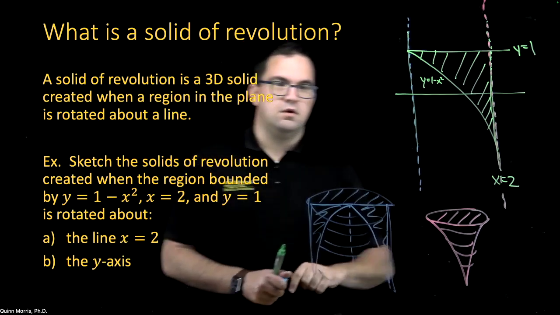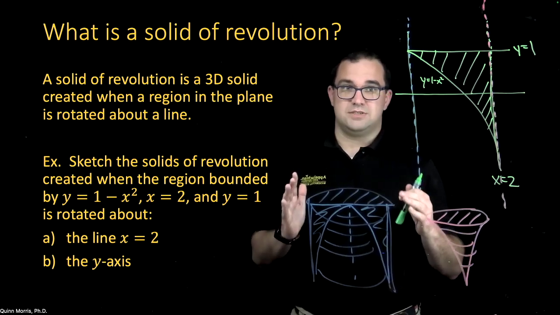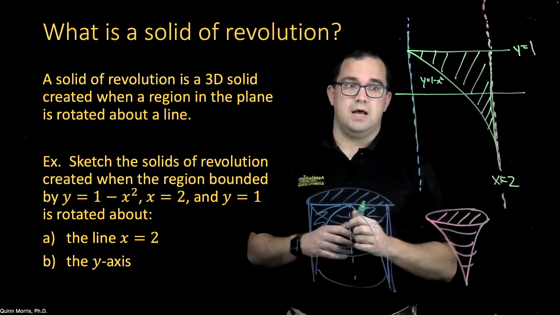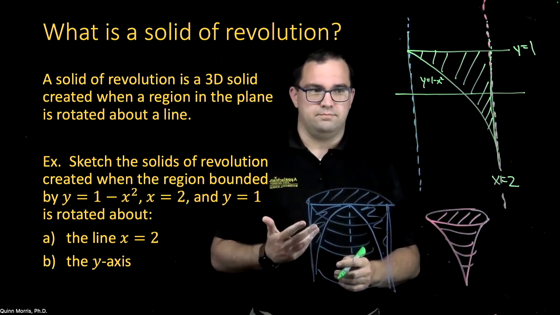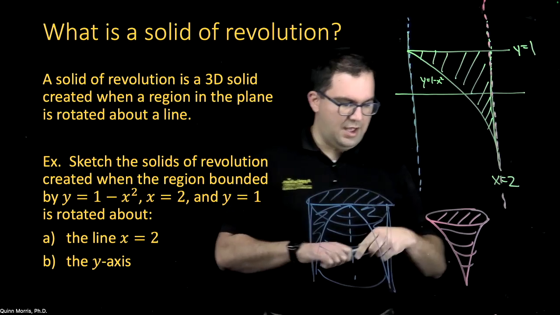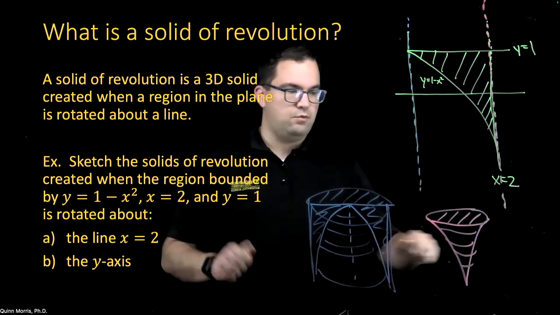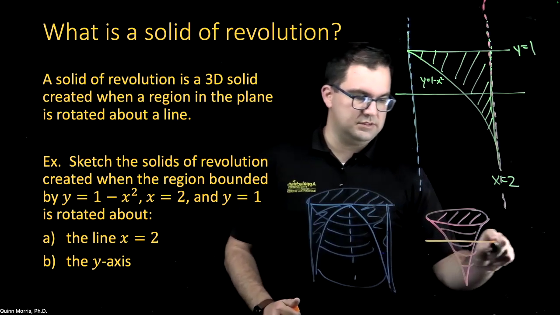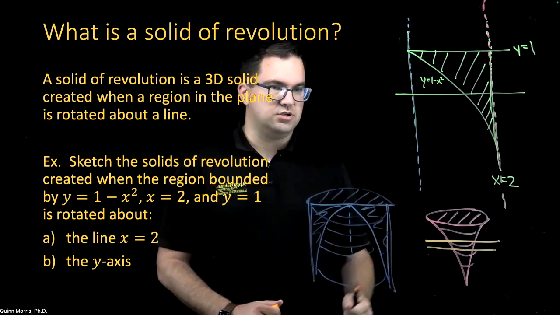Okay. Now, these things are a little difficult to even visualize. But now I'm going to want to be able to find their volume. One of the things I want to highlight that's really convenient about these is that if I were to take cross sections of either one, so let's imagine first I take a cross section of this one, I would get something that looks like a little cylinder, a little disc.